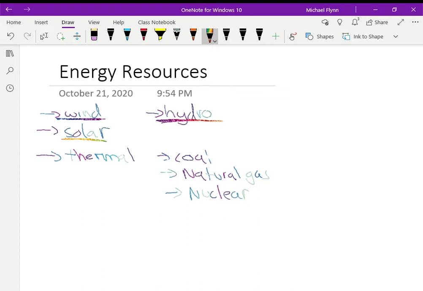Hydro is where you use the movement of water to spin a turbine. That's another way to do it. Solar is the one that has no moving parts, so it does not use turbines. That's when you use sunlight to create electricity in a solar panel, and then that electricity can be used to power different devices.